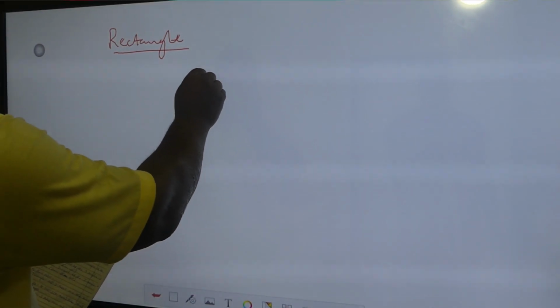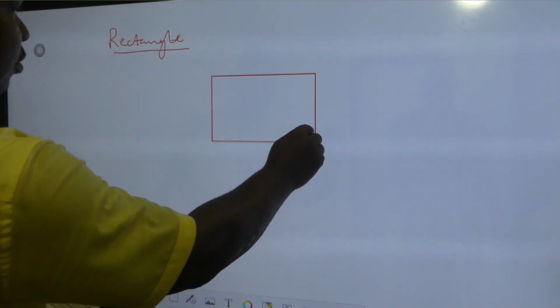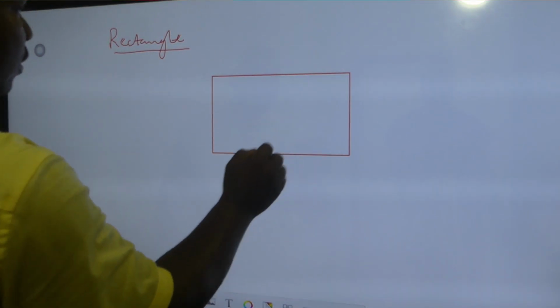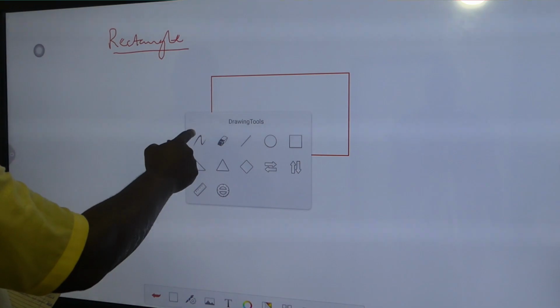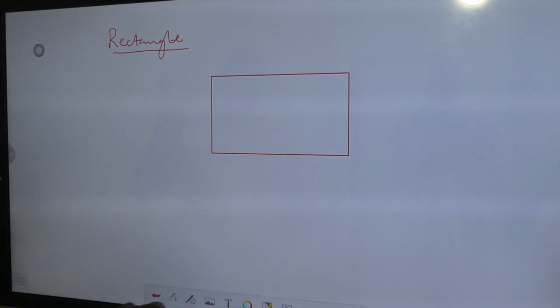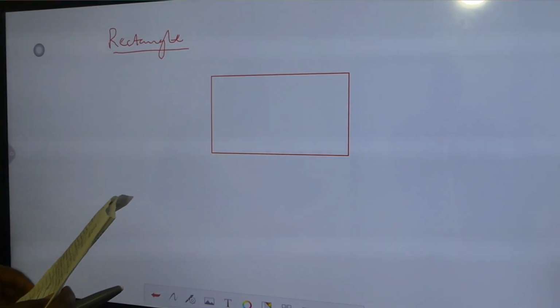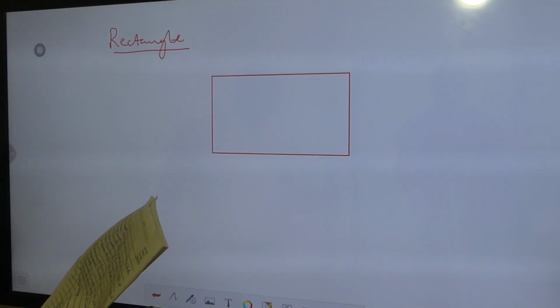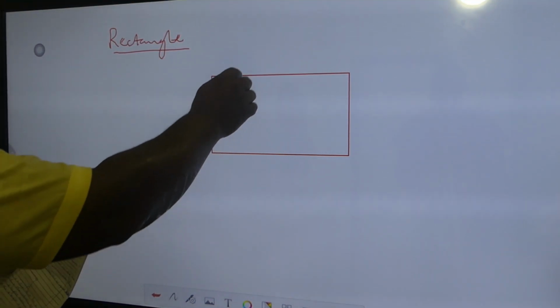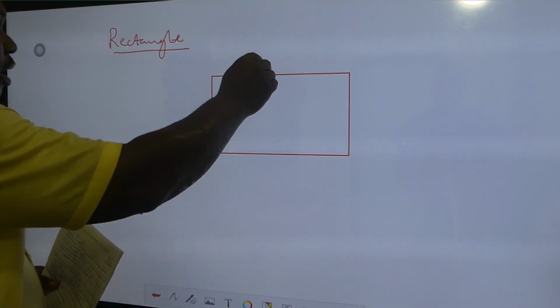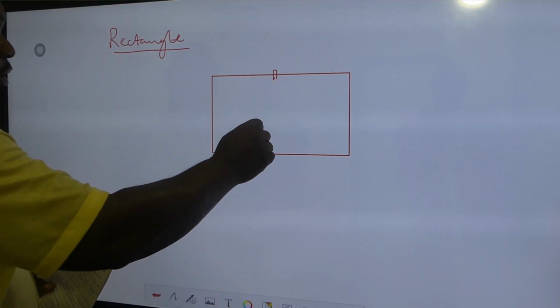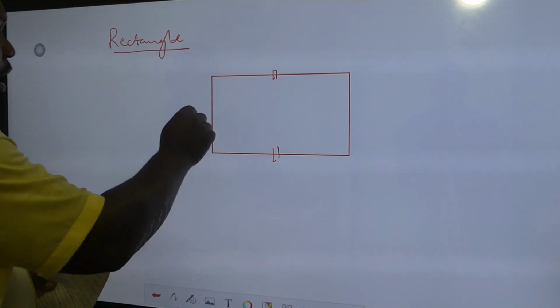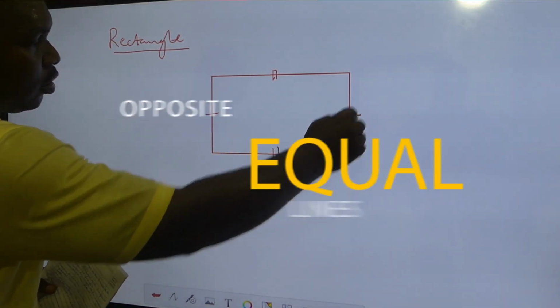So let's draw the rectangle. In a rectangle, the distinguishing characteristic is that the opposite parallel sides are equal. Here is equal to this one, and this one is equal to this one.